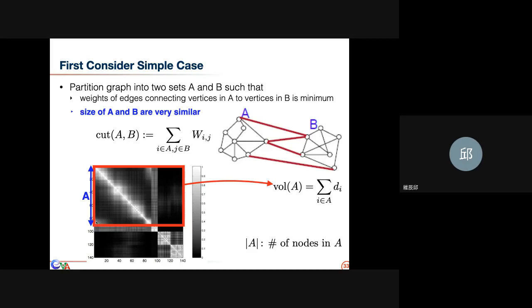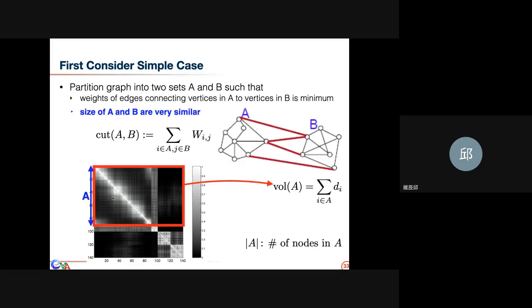As I said, the degree can be computed by the summation over the specific row related to a specific data point i. If we know all the data points in this portion are from the group A, then we sum up all those rows. So this volume A can be easily mapped to a specific area in the similarity matrix.